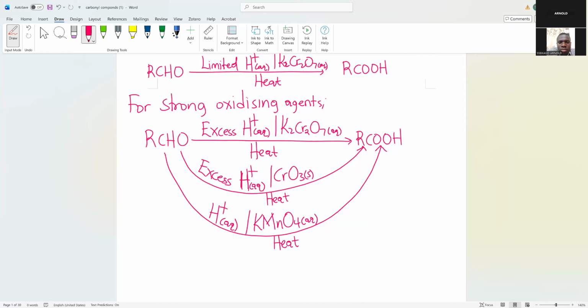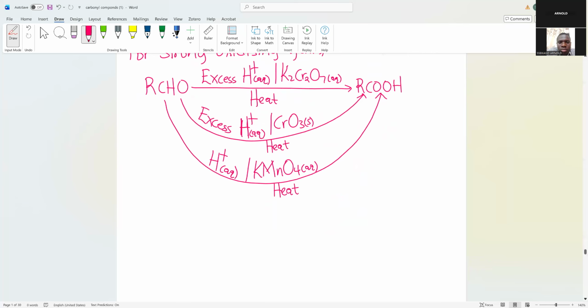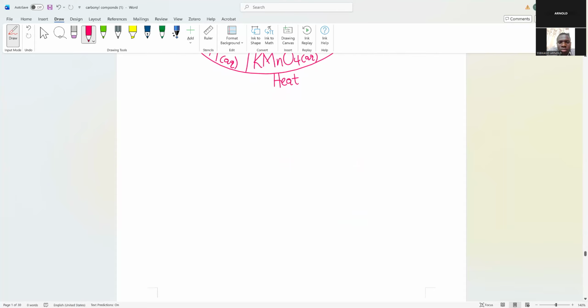You'll find dichromate 6 written in terms of ions because it is in a solution, and in a solution we have ions. That's why I'm adding AQ there. So that is what we have for strong oxidizing agents. I can take some specific examples now that I have formulated general equations.